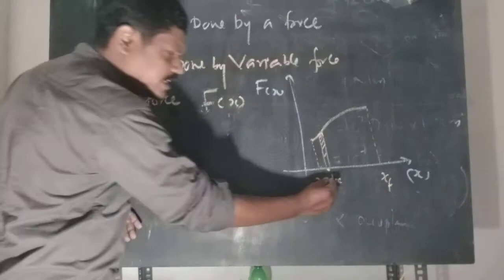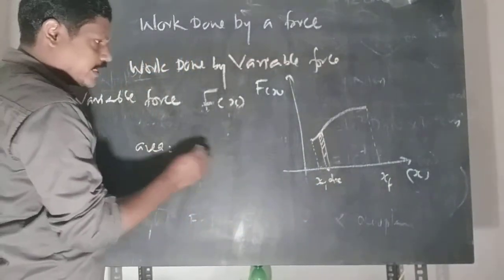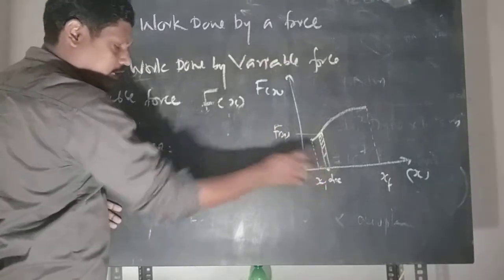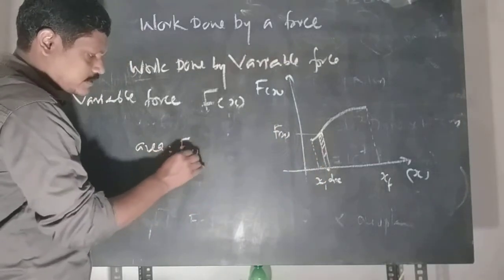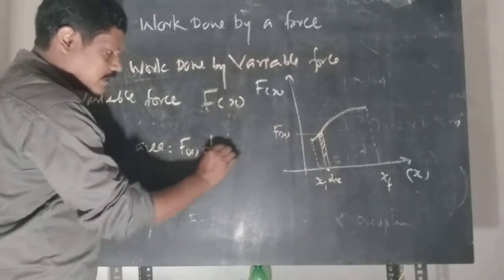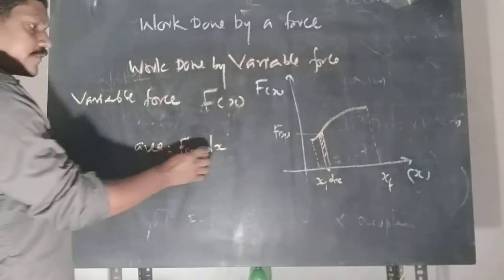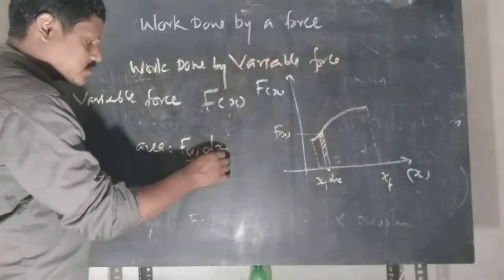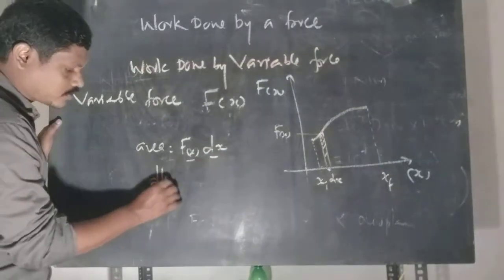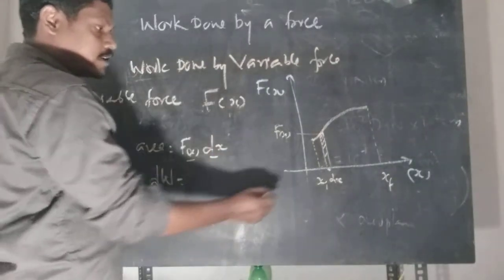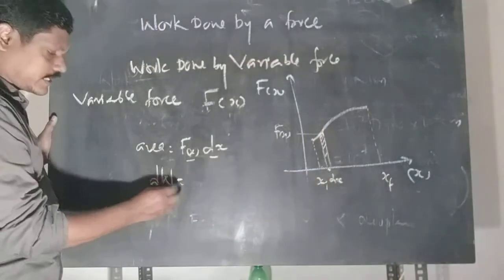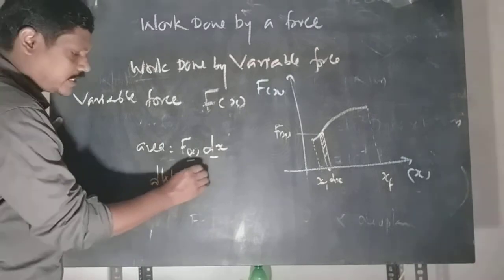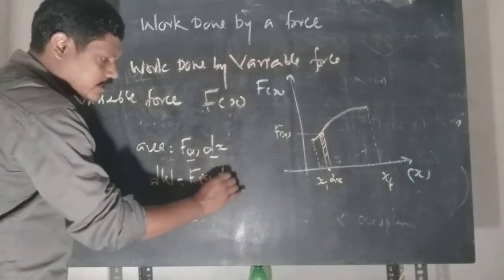The area is the F(x) value, the variable force corresponding to that short displacement, times dx. So area equals F(x) dx, the product of force and displacement, which equals the work done for a short displacement dx. The small amount of work done for a small displacement dx by the variable force is F(x) dx.